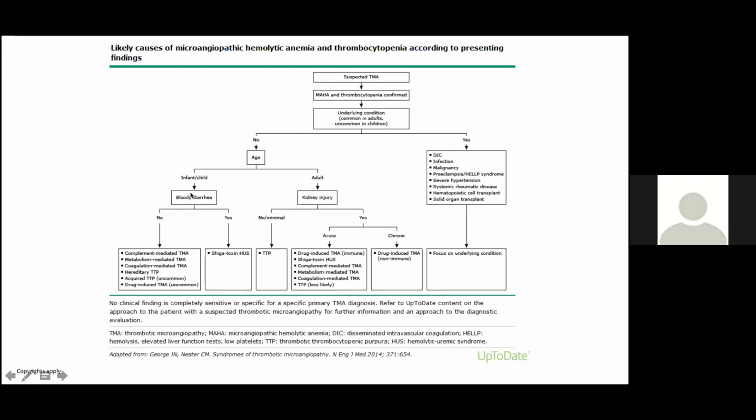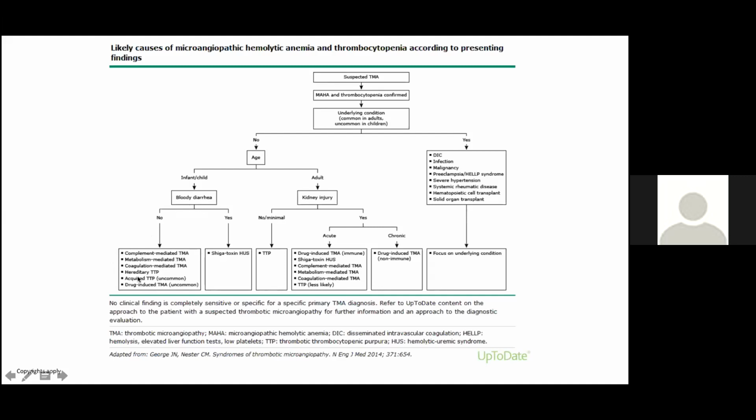And then if there is no bloody diarrhea, diarrhea with blood, then you have to think of these diagnoses. Hereditary TTP, complement-mediated, metabolism- and coagulation-mediated TMA are of course very rare. Complement-mediated TMA you have to think of. And drug-induced ones are also uncommon in children.